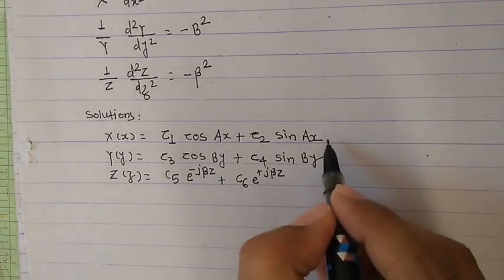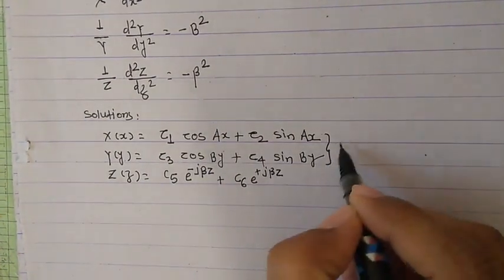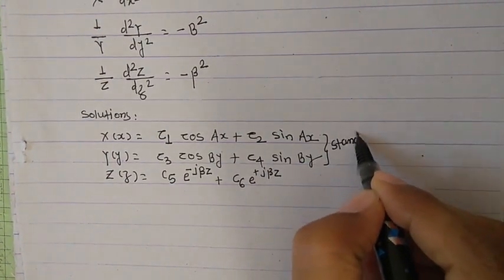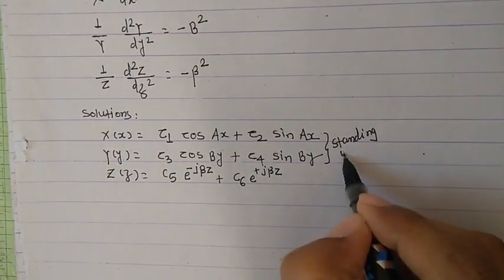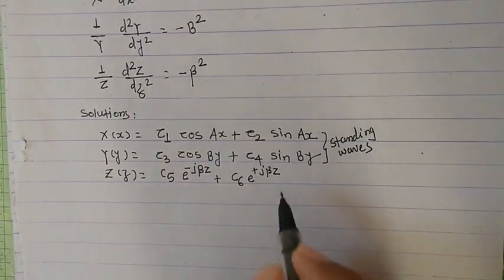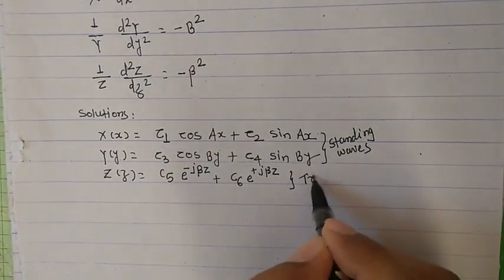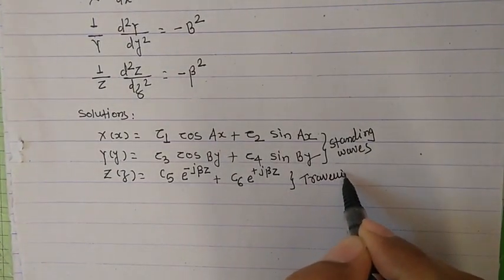These first two equations represent standing waves, and this third equation represents a traveling wave.